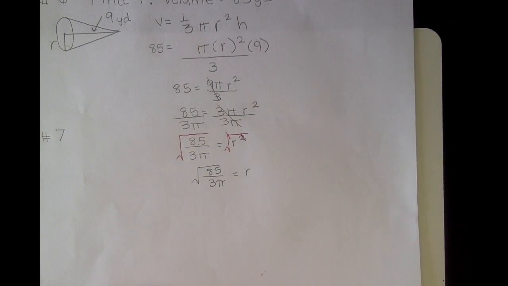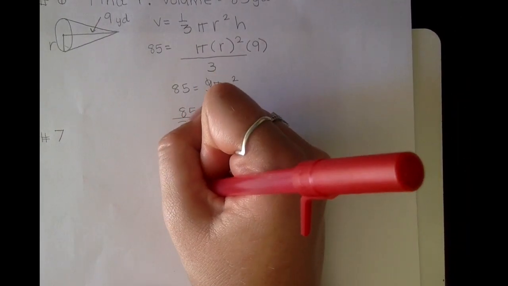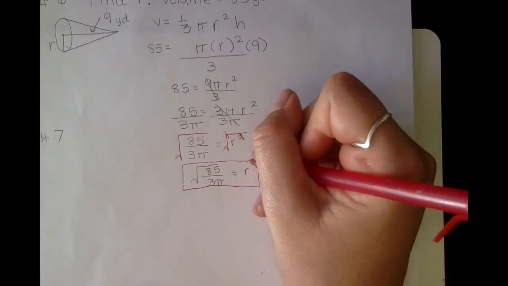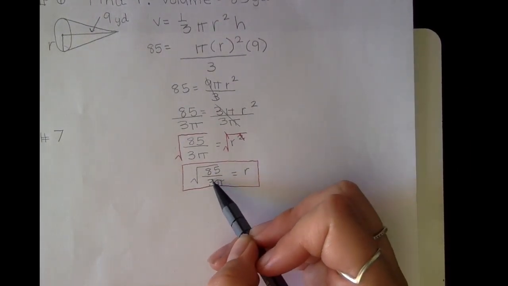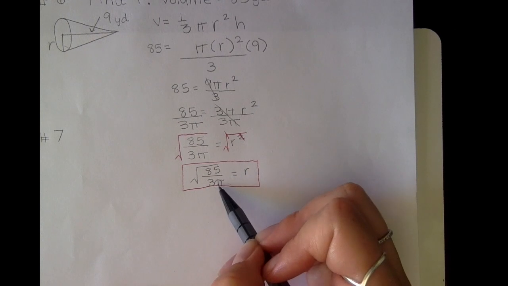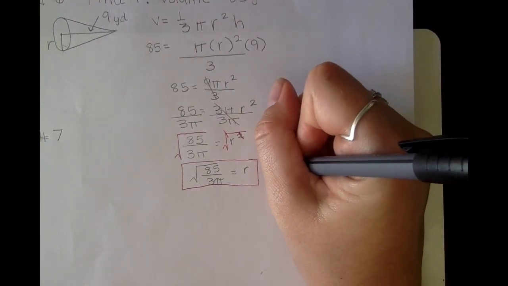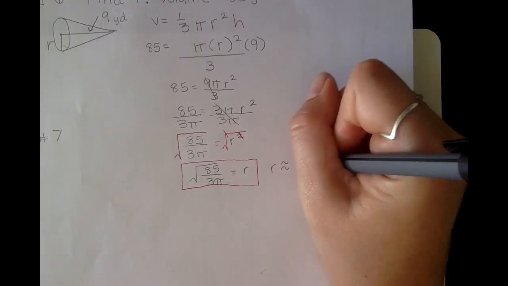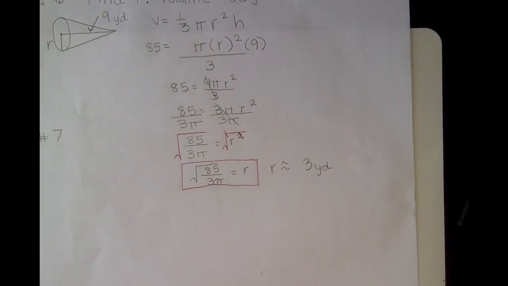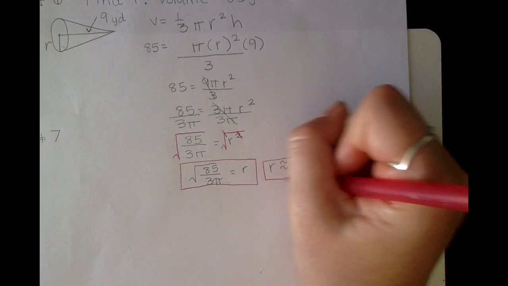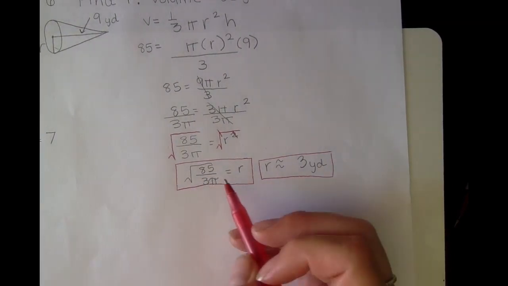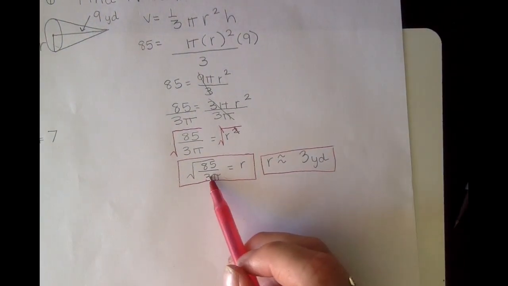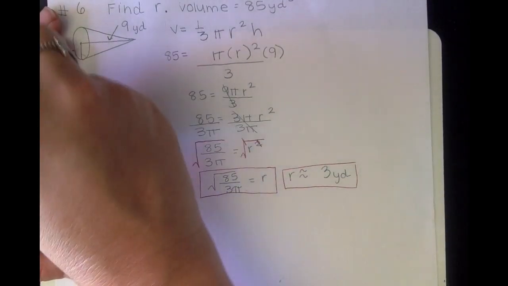So it's actually as simple as that. I know it might be weird for you guys, but you can leave your answer like this. And if you were to solve this, you can do 85 divided by 3 times pi and take the square root, and your r would be about 3 yards. So either of these answers is acceptable. I know it's funny to leave it in a square root and with pi, but as you move forward, this will become a lot more normal to see.